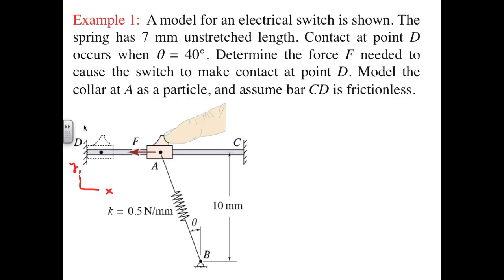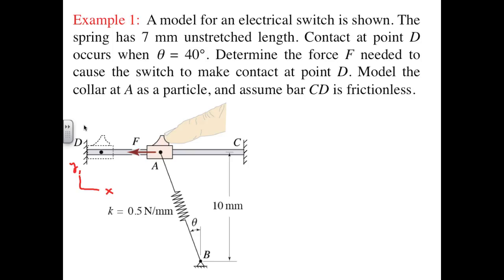Because bar CD is frictionless, there's no resistance to pushing the switch from C towards D, and therefore there is no horizontal force component to the reaction.